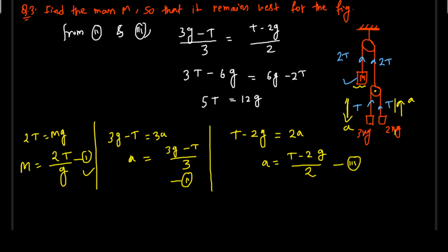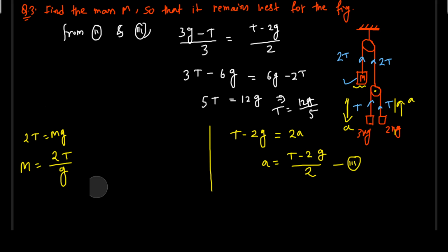So T will be 12G by 5. Now let me put T here in this equation. What will be the mass? It is 2 by G into 12G by 5.